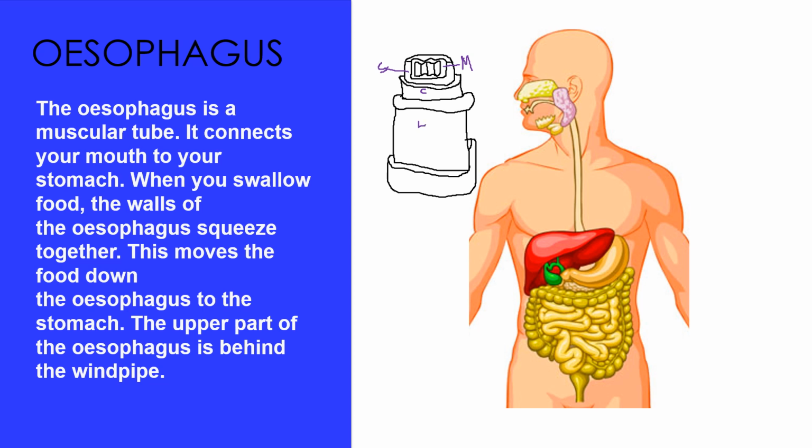So this circular layer and this longitudinal layer together is the muscularis. Okay? Not muscular, muscularis. And the last layer is adventitia. Okay? Adventitia. So these 4 are the layers of the food pipe, also known as esophagus.